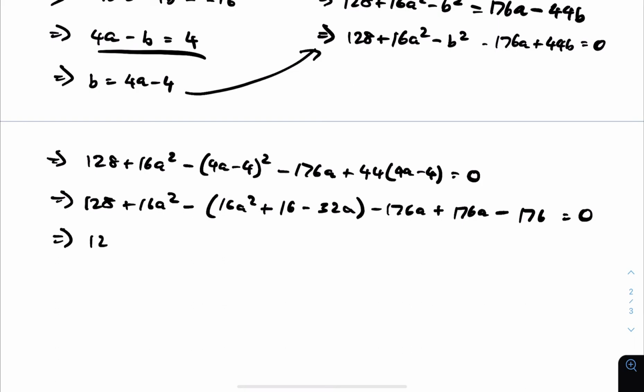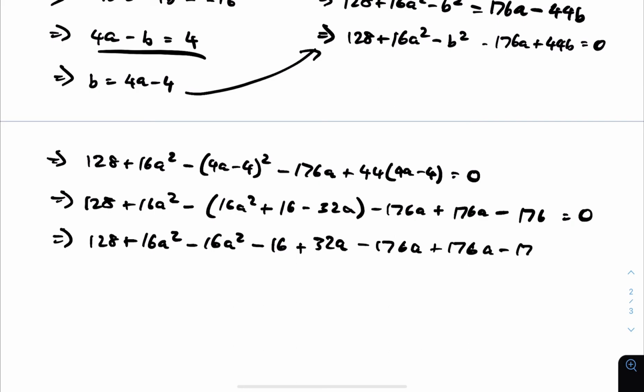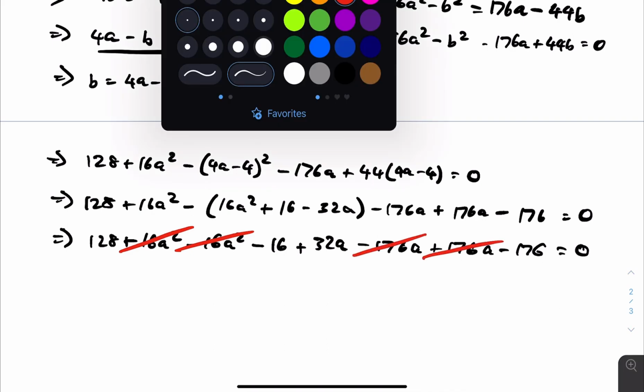So we get 128 plus 16a squared minus 16a squared minus 16 plus 32a minus 176a plus 176a minus 176 is equal to 0. Already you might be able to tell that a lot of parts are canceling out, so let's just do that. So that's canceled out and canceled out. So we're left with this.